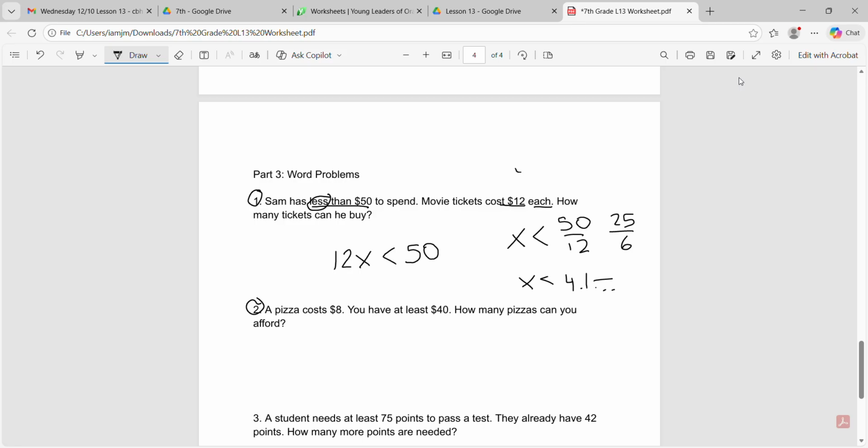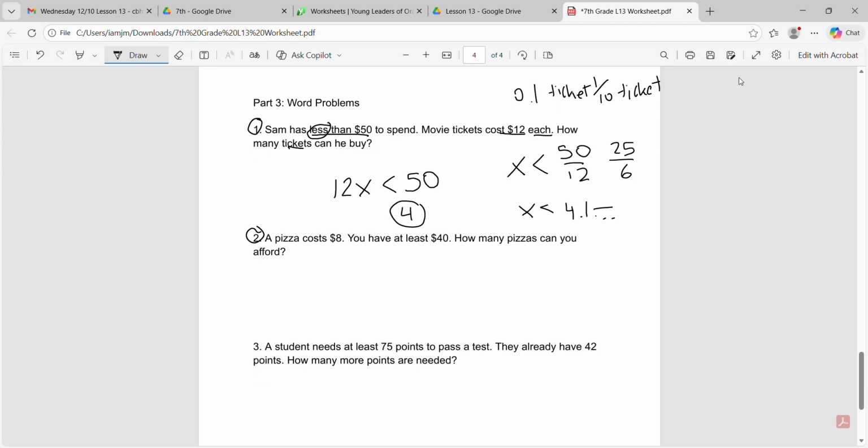However, you can't buy 0.1 of a ticket. You can't buy 1/10 of a ticket. So the maximum amount of tickets he can buy with the money he has currently is 4. Sam can buy only 4 tickets.